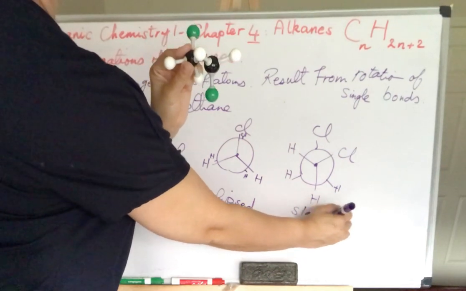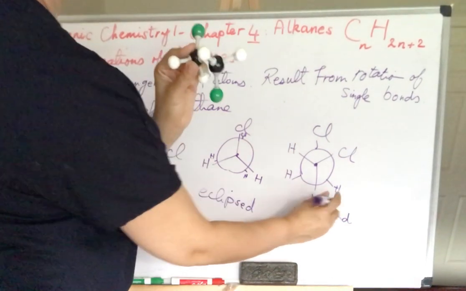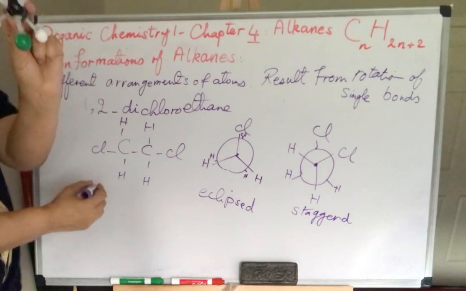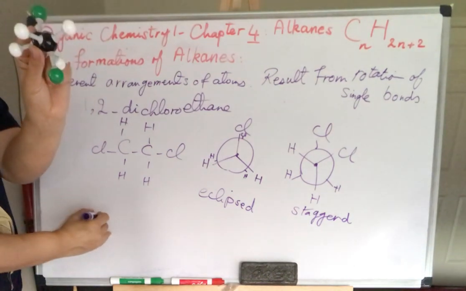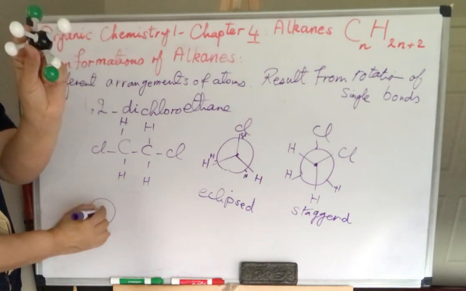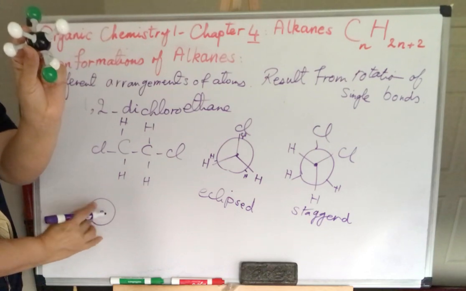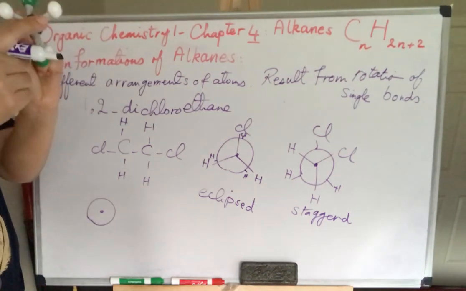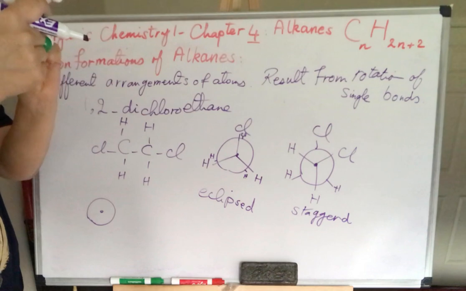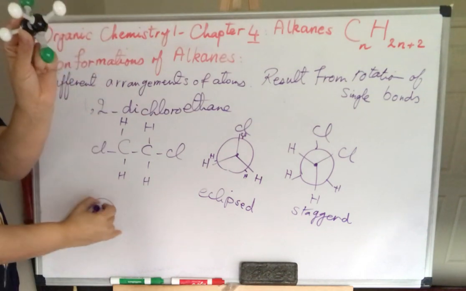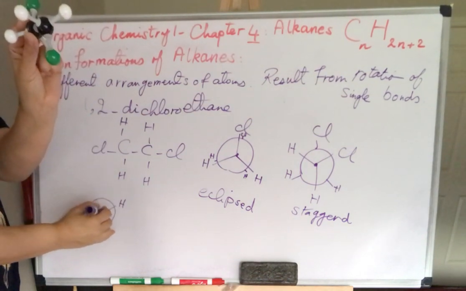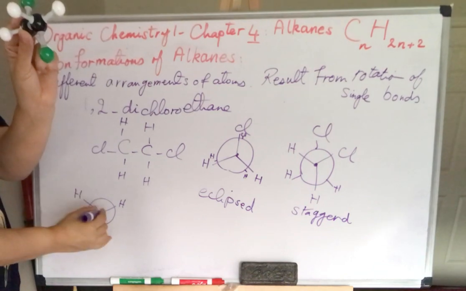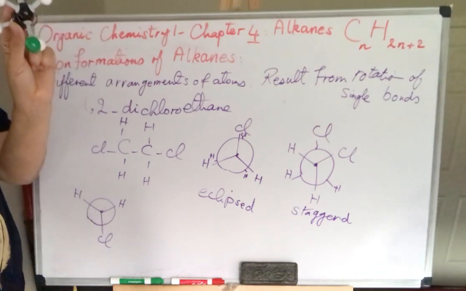And I'm going to introduce a new conformation to you. When you rotate one more time, you have 2 and 10 o'clock hydrogens on the front carbon, and 6 o'clock chlorine.